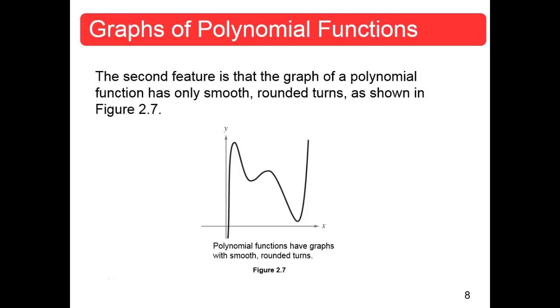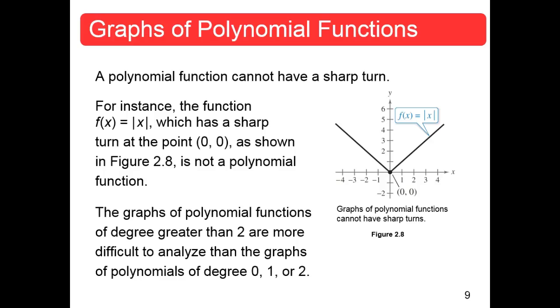All the turns, all the bends, all the changes in direction are gradual in some sense. They are not just going up and then changing abruptly and coming down. It's rounded at the top or bottom. So smooth and continuous. If you keep those two names in mind, that makes your life with polynomials a lot better.